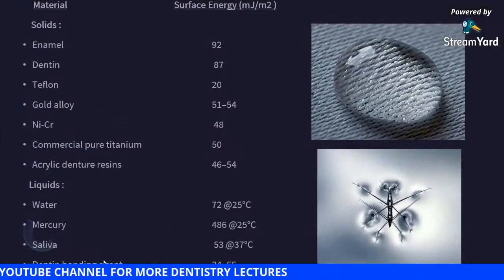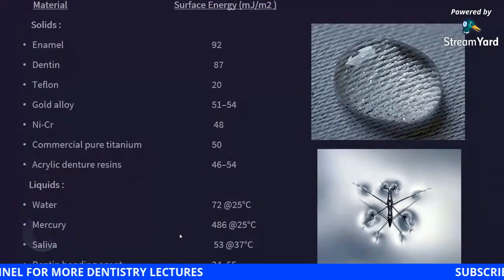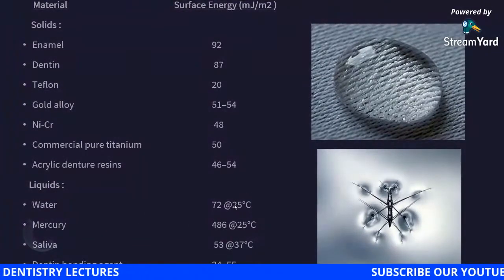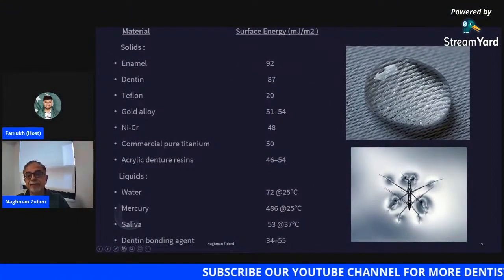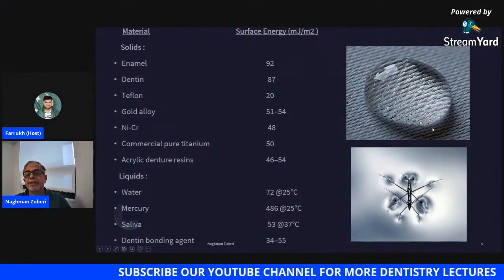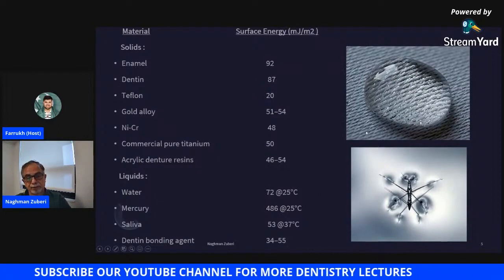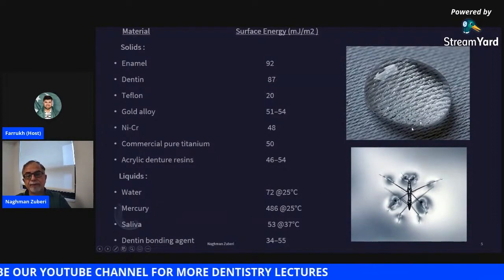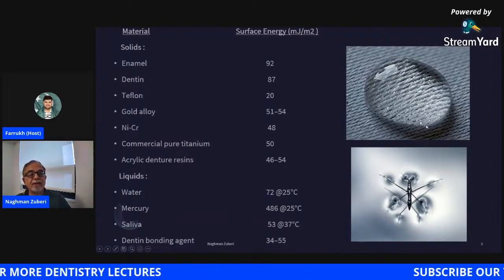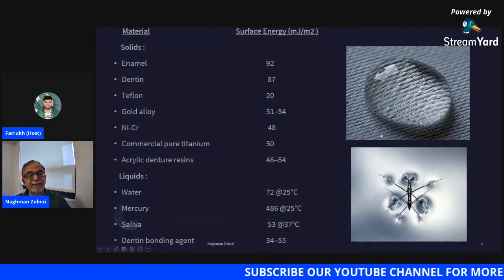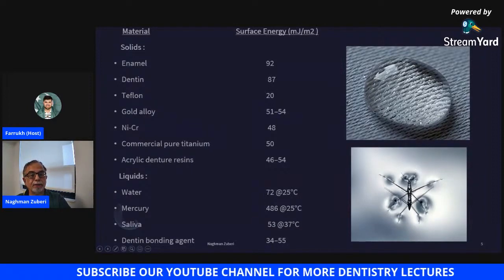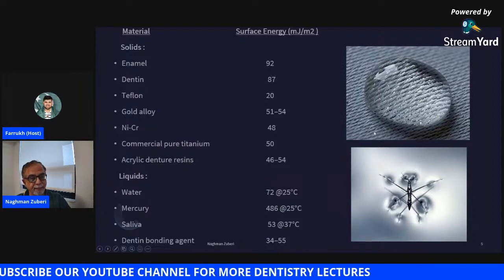Dentine bonding agent is also closer to water, and that's why it is able to wet. Say for instance there is a piece of cloth, and here we have pores. When you wet it, it is going to be wet very easily because there are pores and water can easily be absorbed on the surface of the cloth.